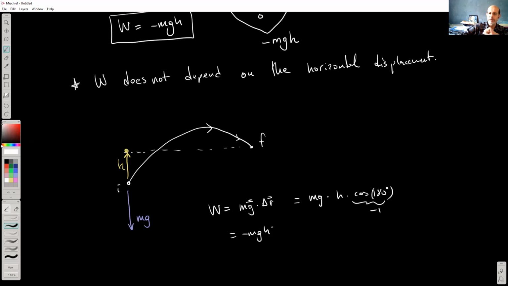Displacement is upward and the force is downward, so the work is negative if the altitude increases. If it decreases, then the work done would be positive. So the work done depends only on the altitude change.